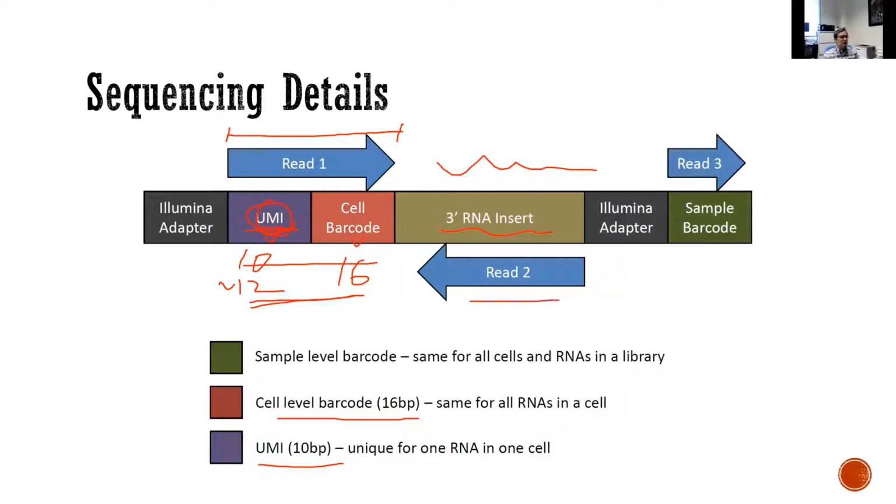And read 2 will tell you which gene the mRNA comes from. So you compare your read 2 to the transcriptome of your species, and then you will decide which gene you are reading from.